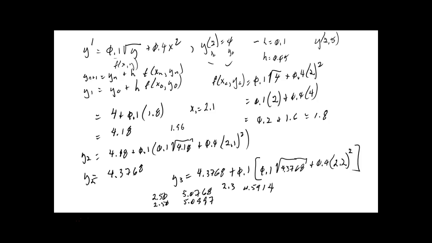So what we've just done, we didn't do all those. If you want to do them all, knock yourself out. But they have a table in the book of the 5 steps that got you from 2 to 2.5, 5.0768. Then they did, with 0.05, 10 steps that got you to 2.5, 5.0997, the one I put here.